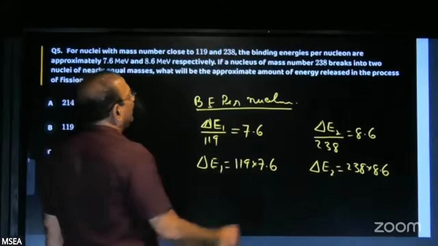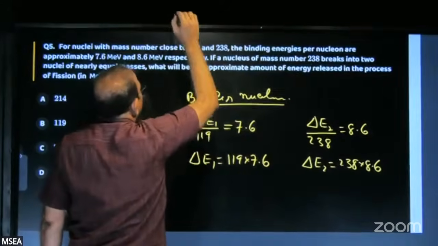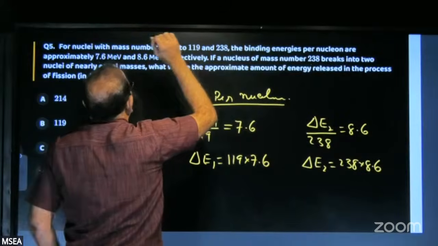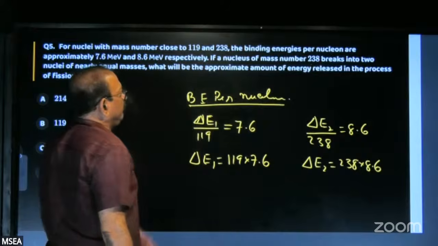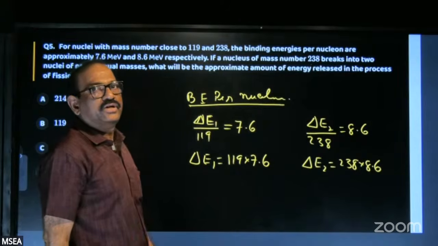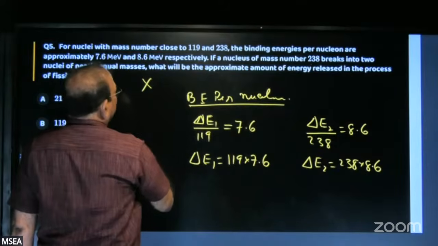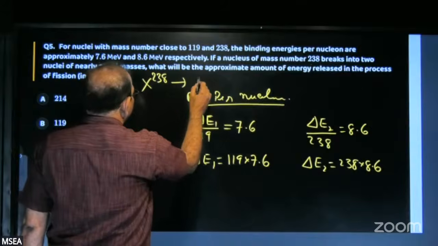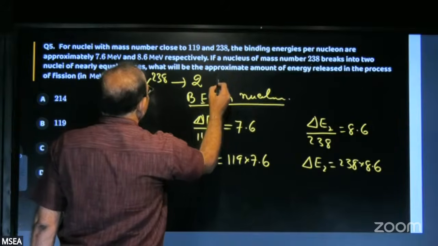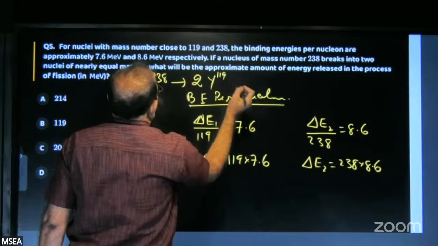This nucleus of mass number 238 is breaking into two nuclei of mass number 119. What is this? Fission reaction. One nucleus X has mass number 238 and it breaks into two nuclei whose mass number is 119.